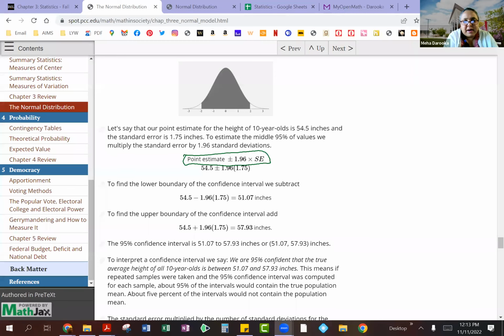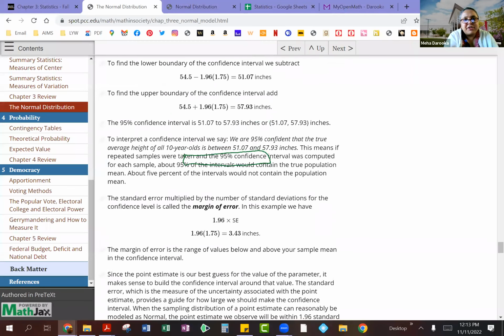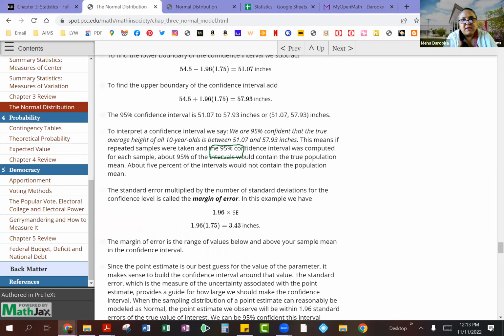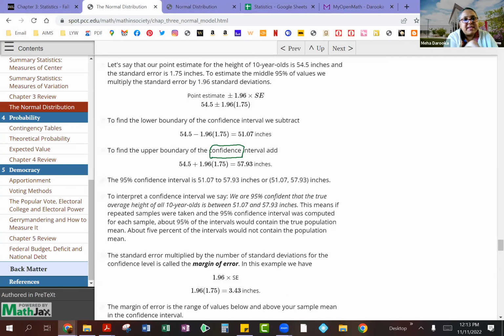And then down here, they talk about the margin of error. So the margin of error, like I said, is basically going to be that 1.96 number multiplied by the standard error for whatever the example might be. So using our example here, it's that same number, 1.96 multiplied by your standard error.